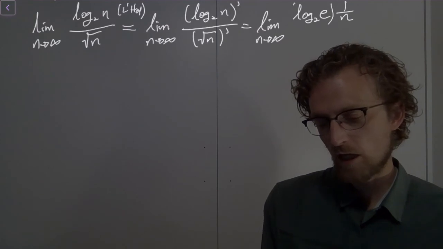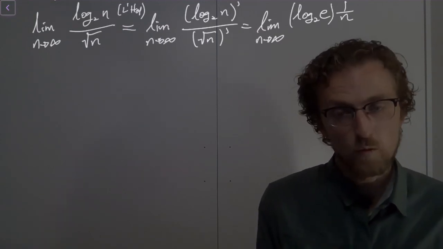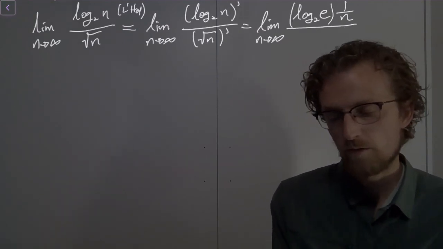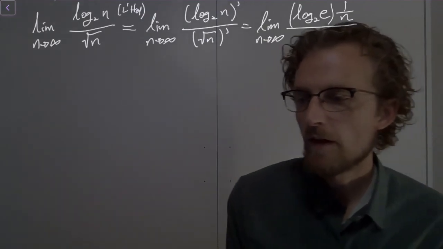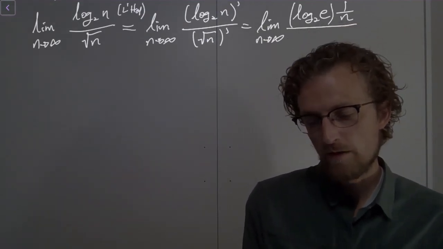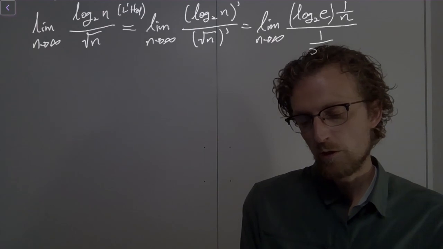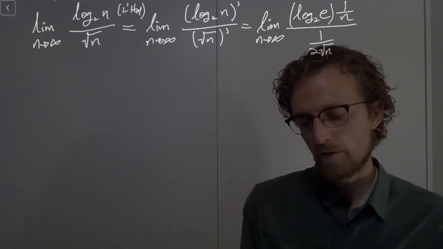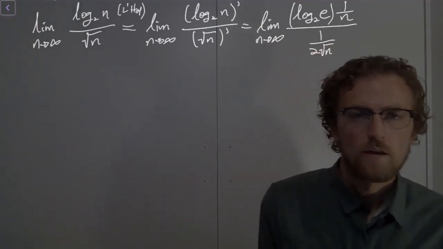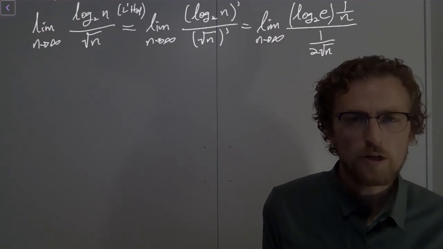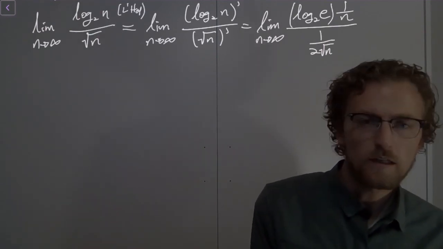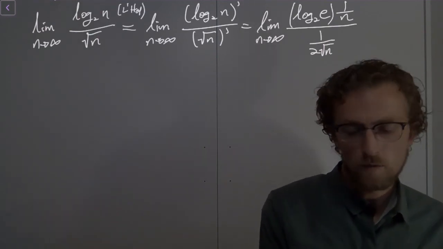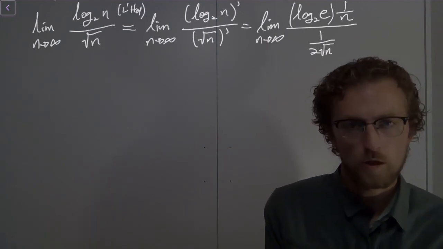Okay, so that's just a constant, log base 2 of e, times 1 over n, which is the derivative of log base 2 of n. And then the derivative of the square root of n is 1 divided by 2 times the square root of n. Okay, so now we still have some kind of a weird expression, but maybe we can manipulate it in some way to make this work nicer.